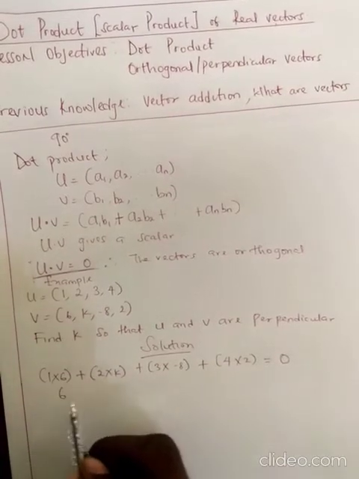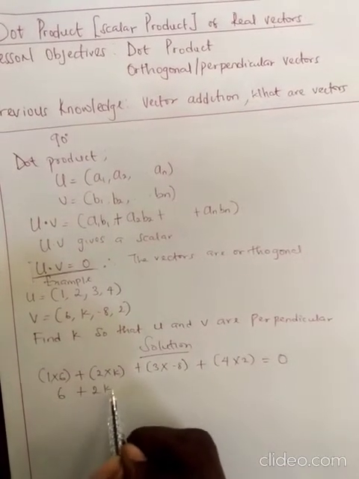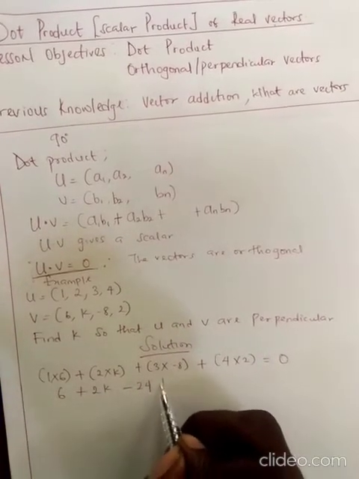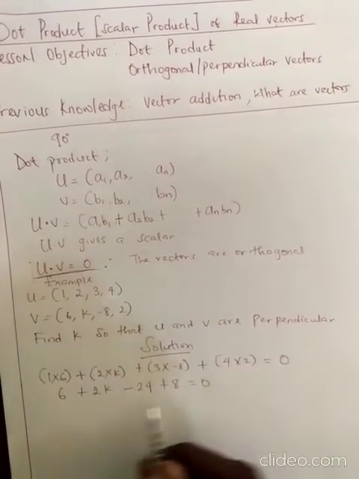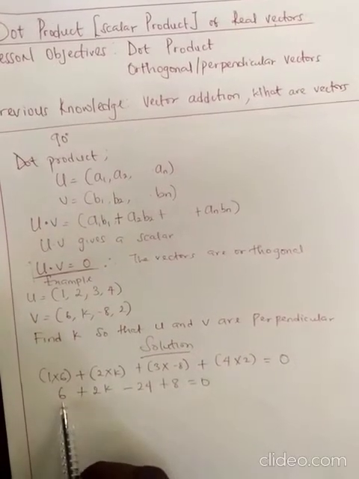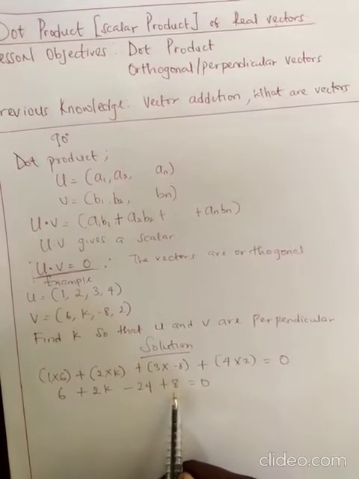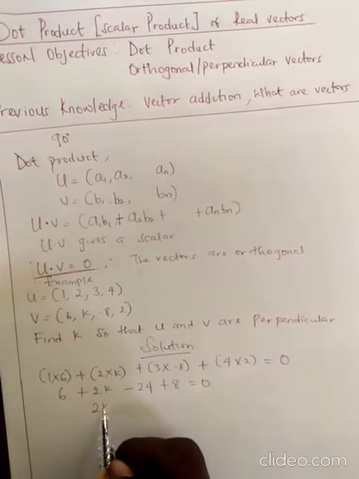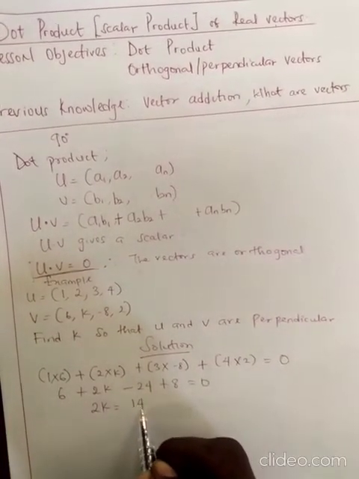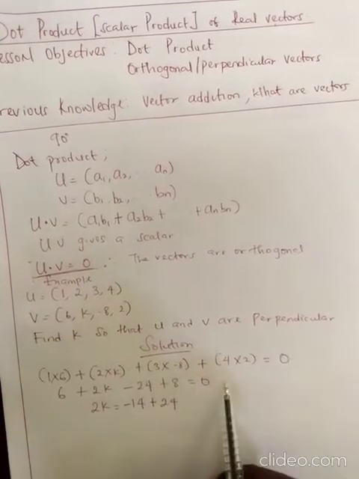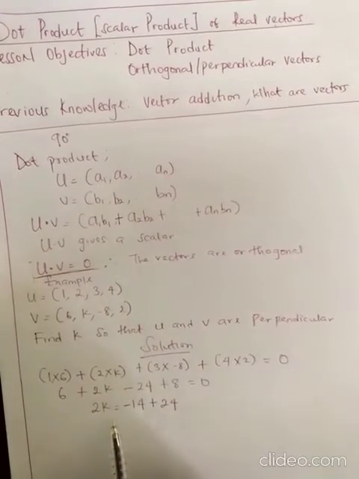So 1 times 6 gives me 6, plus 2k, minus 3 times 8 gives minus 24, then plus 8 is equal to 0. Let's simplify. 6 plus 8 gives me 14. So 2k equals minus 14 plus 24, because I'm bringing these values to the other side and the sign changes.